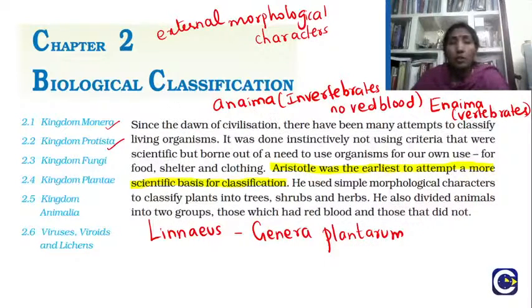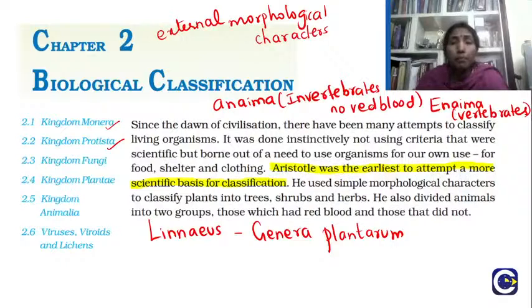Since the dawn of civilization, there have been many attempts to classify living organisms, but it was done instinctively, not using any scientific criteria, but born out of a need to use organisms for our own use, like food, shelter, clothing. Then came Aristotle, who was the earliest to attempt a more scientific basis for classification.